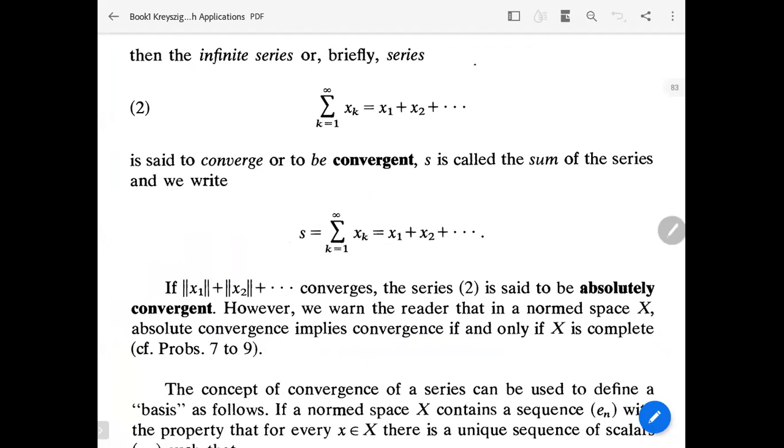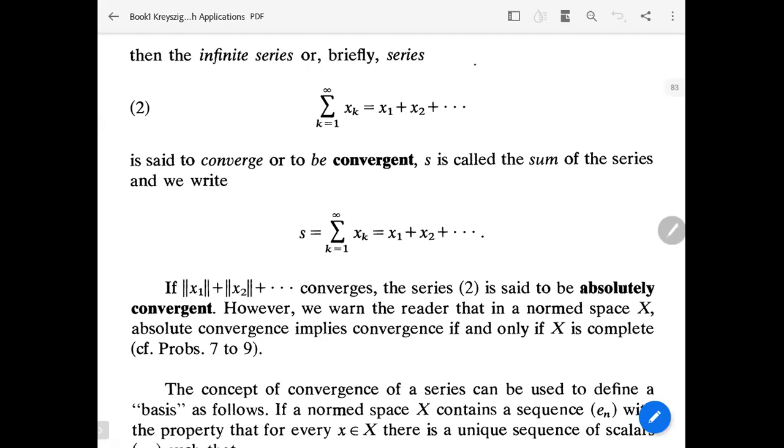So absolute convergence implies convergence. In calculus, where we consider sequences and series of real numbers or complex numbers, we say that the series is convergent if it converges absolutely. But here, in that case, R is a complete norm space, right?